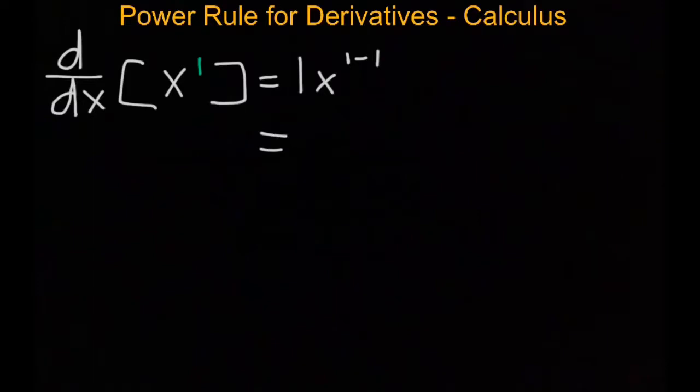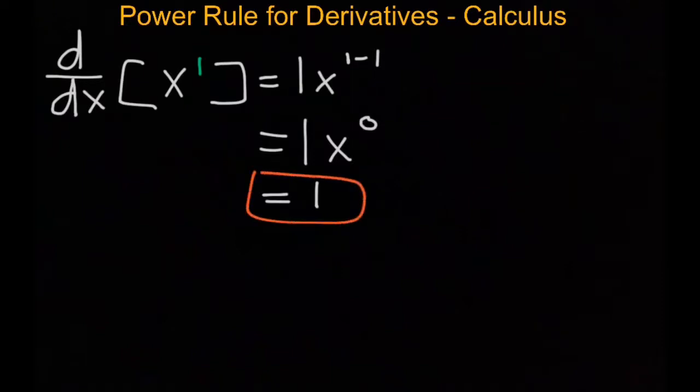And what that really is, is 1 times x to the power of 0. And x to the power of 0 is simply 1. So we get 1 times 1, which is simply 1. And this is our derivative of just x. So when your exponent value is 1, your derivative will always have the value of the coefficient.